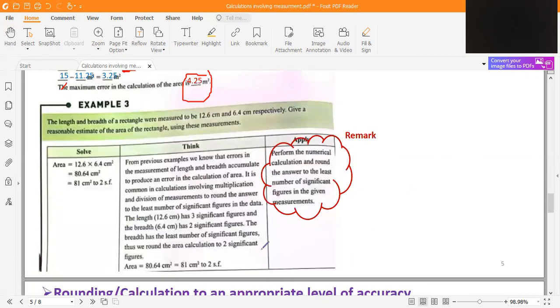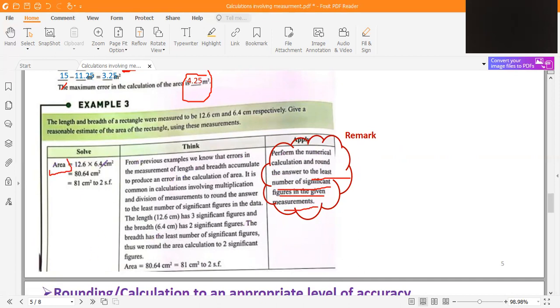And in the remaining examples, we should know that to perform the numerical calculation, we should round the answer to the least number of significant figures in the given measurements. How? For example, we have the area.